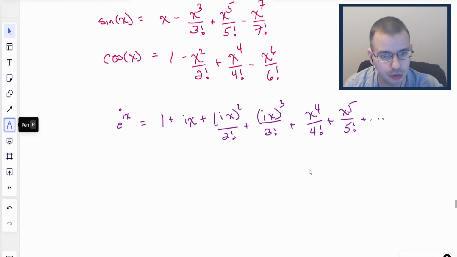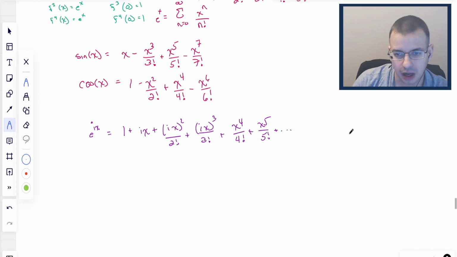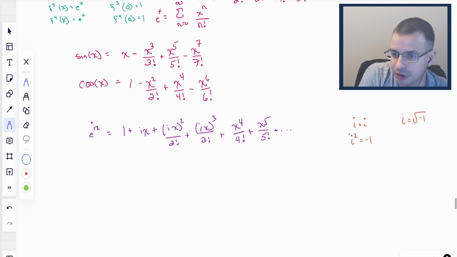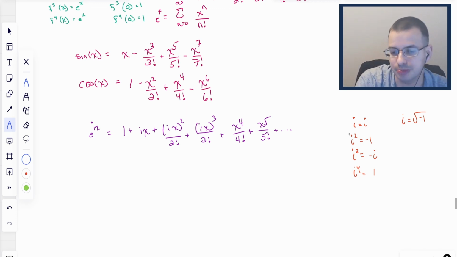Now I'm going to do a quick sidebar describing i. So i is going to rotate in a pattern of 4. When you have i, that's just i. When you have i squared, that's going to equal -1, because the definition of i is the imaginary number, which is the square root of -1. i cubed is -i. i to the fourth is going to be 1, because it's the same as -1 times -1, which is 1, because the negatives cancel.